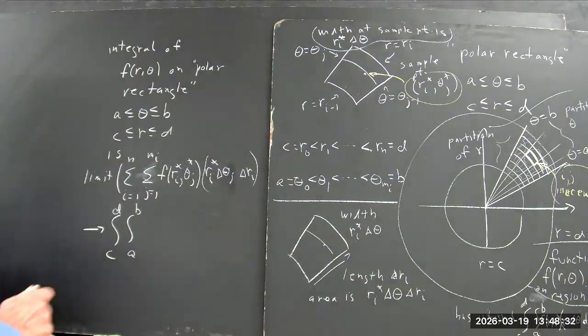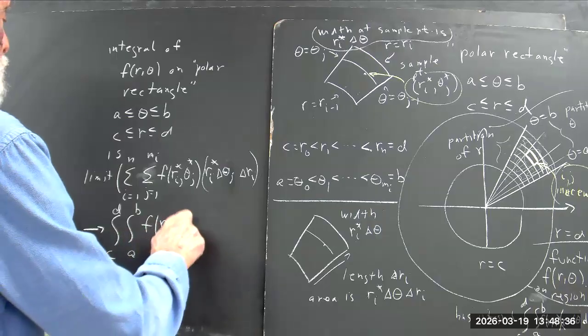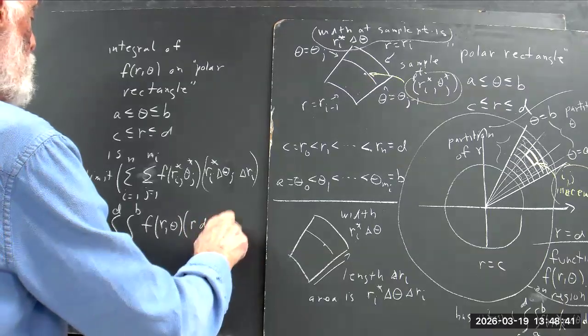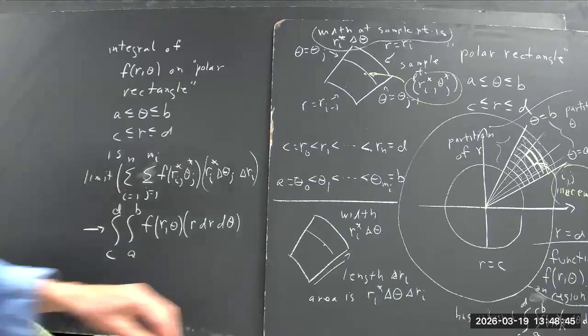The integral from a to b of f of r theta times r dr d theta.